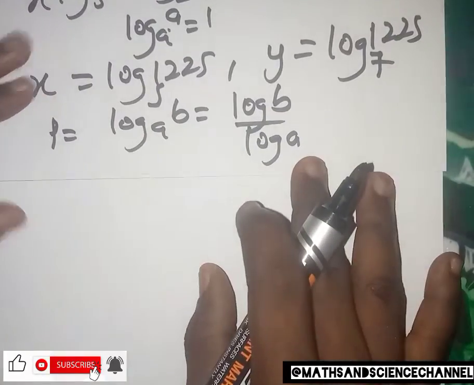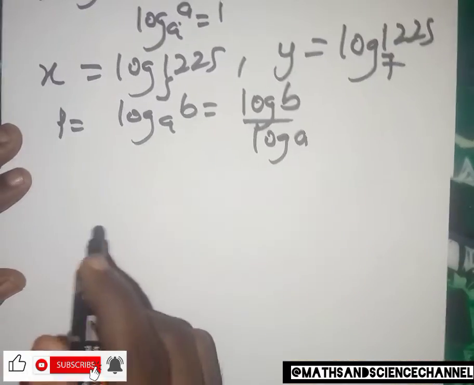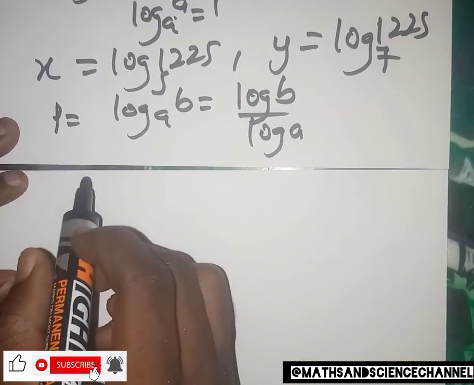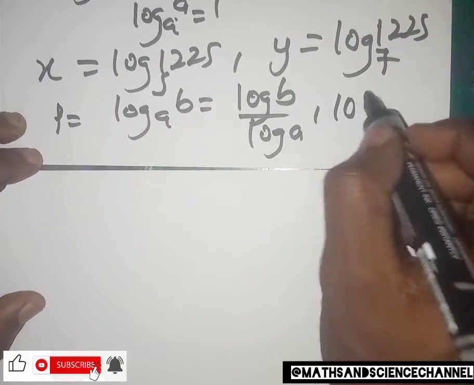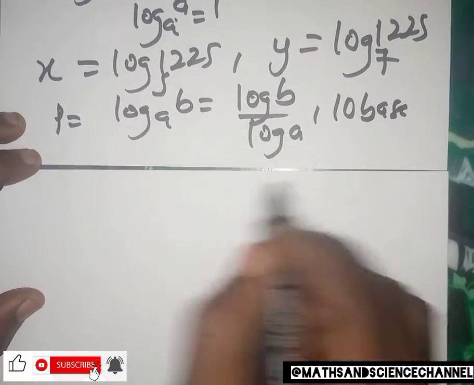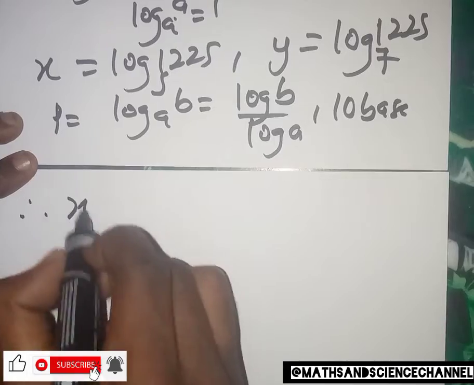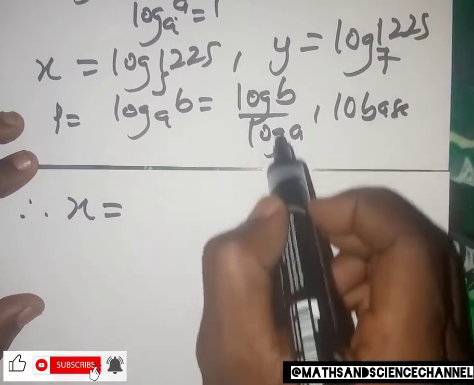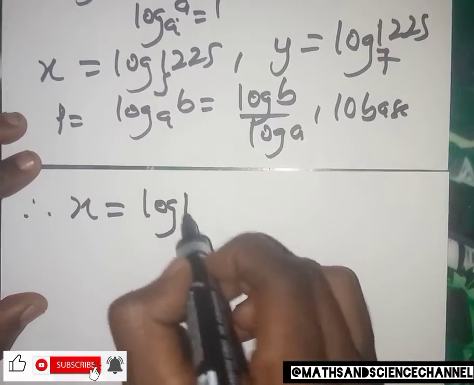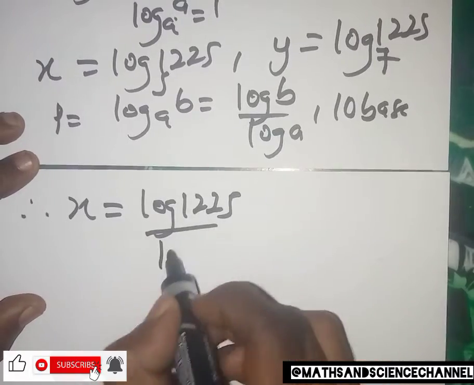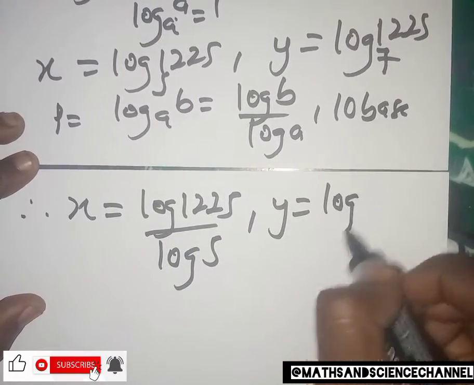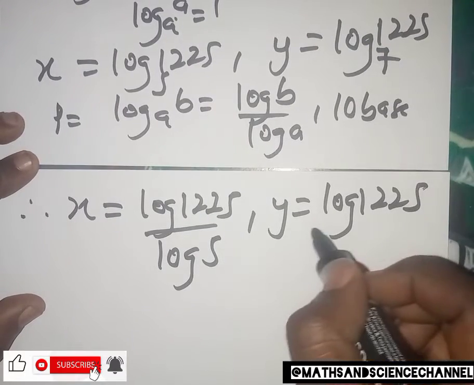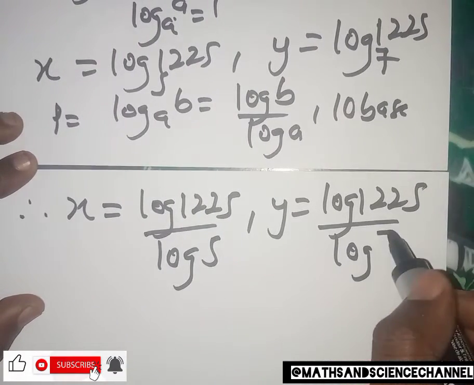So applying this to both x and y, it's going to be in base 10. Therefore x here will be equal to log 1225 divided by log 5, and y becomes log 1225 divided by log 7.